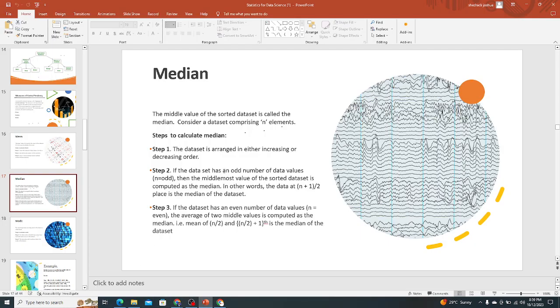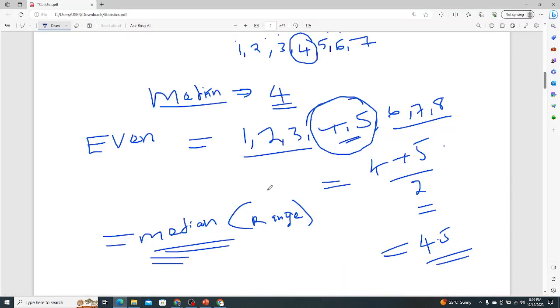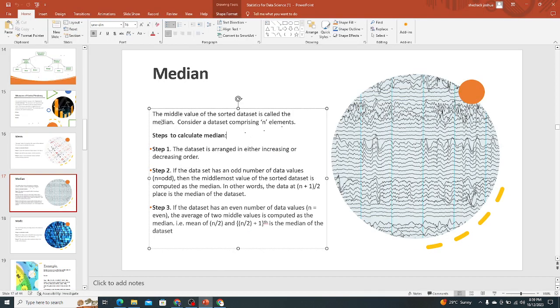Whatever I've illustrated is in these notes. Median is the middle value of a sorted data set. The steps: arrange the data in increasing or decreasing order.